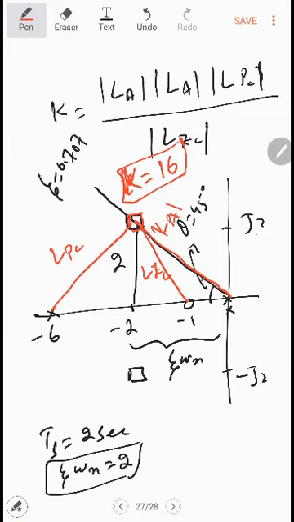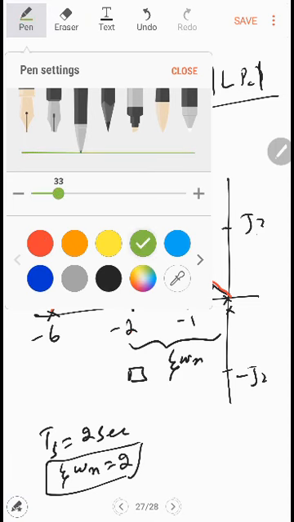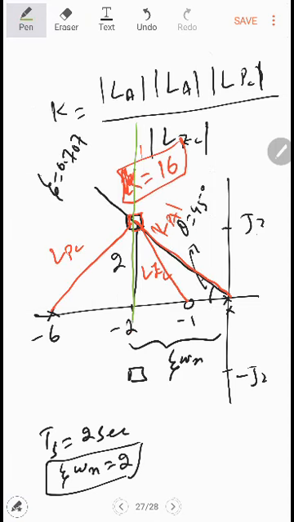Now in this particular example, the 90-degree condition has to be satisfied, but it's not necessary that we will have this 90-degree condition every time. You see that you have this zero within this region, where we have this zeta omega n.